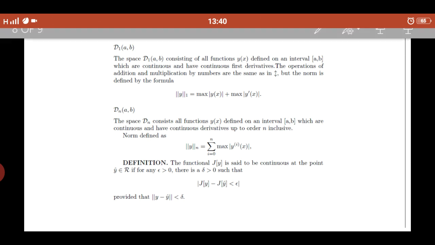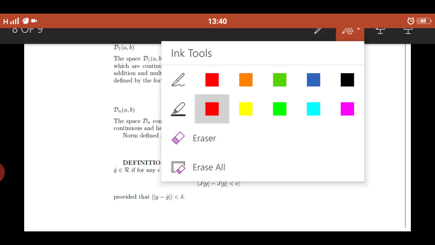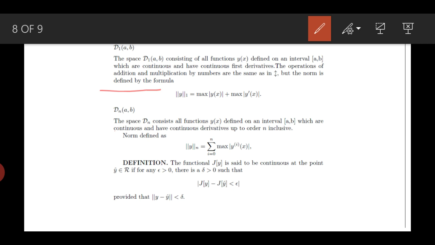The multiplication law and the addition are as before, as in C of a comma b, and the norm is defined by the formula: norm of y is equal to the maximum of the value of that function plus the maximum of y prime of x. So you just add the maximum of y prime of x.